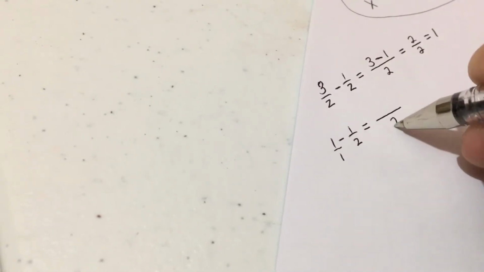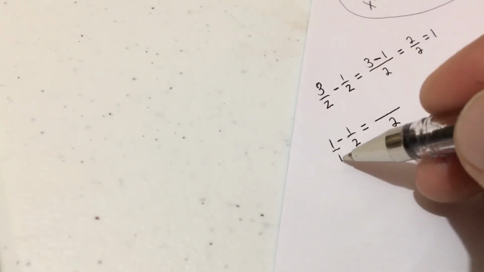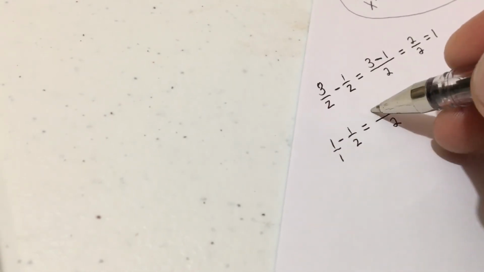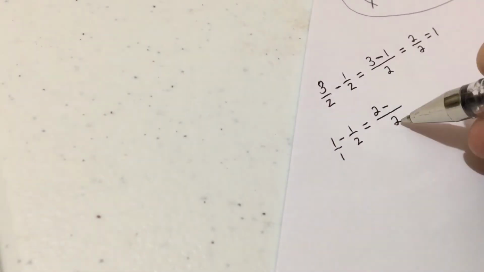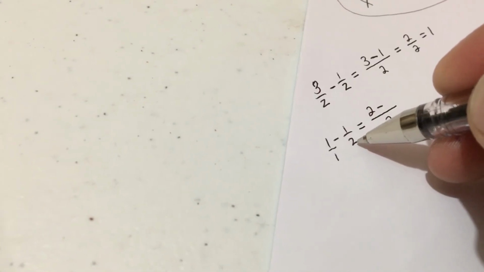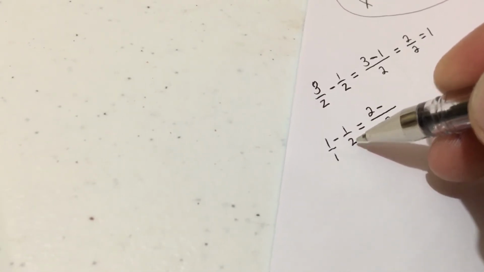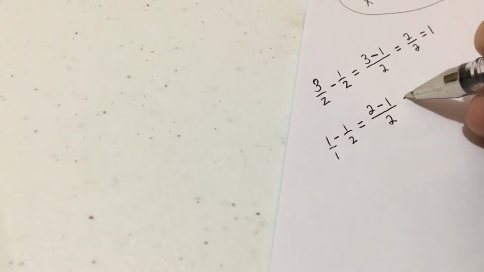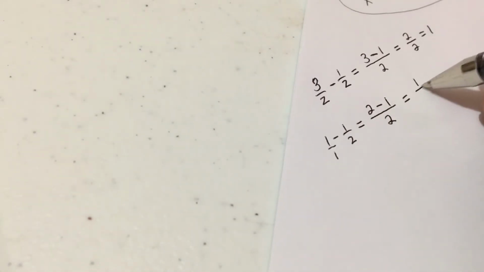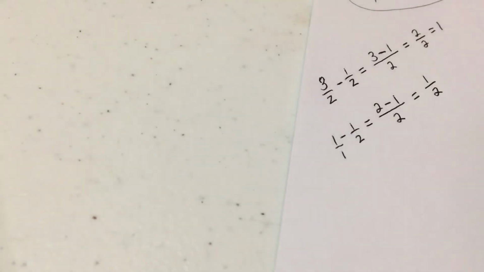Find the LCD, which is 2. 2 divided by 1 is 2 times 1 is 2, minus 2 divided by 2 equals 1 times 1 equals 1. So we have 1 over 2 or 1 half.